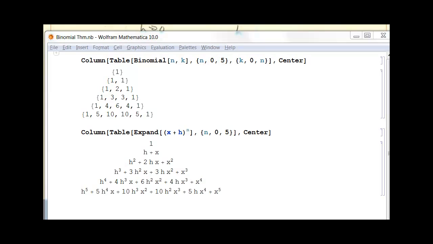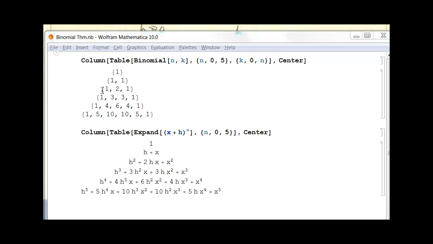Just to refresh your mind about the binomial theorem, here's a little Mathematica notebook. I typed in binomial in the help window in Mathematica and got this example. I just cut it and pasted it in here, and this essentially duplicates Pascal's triangle.